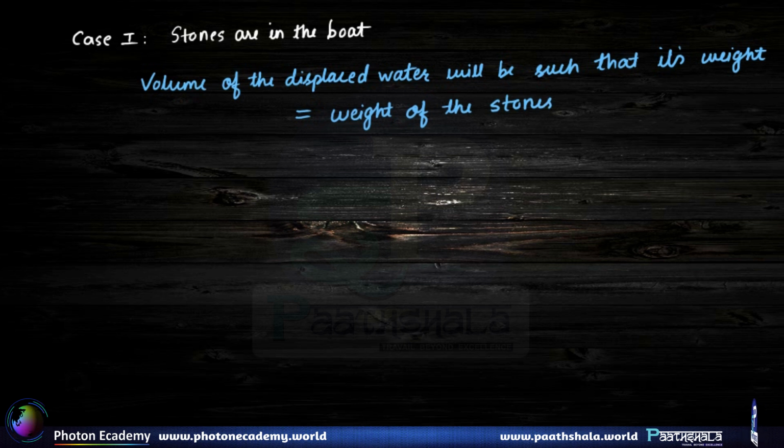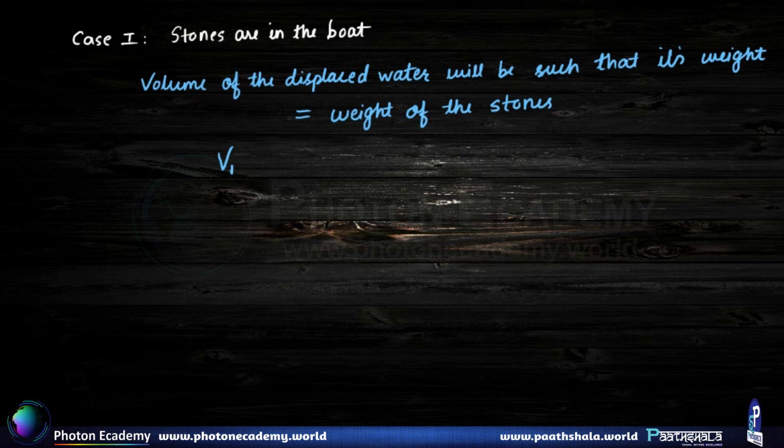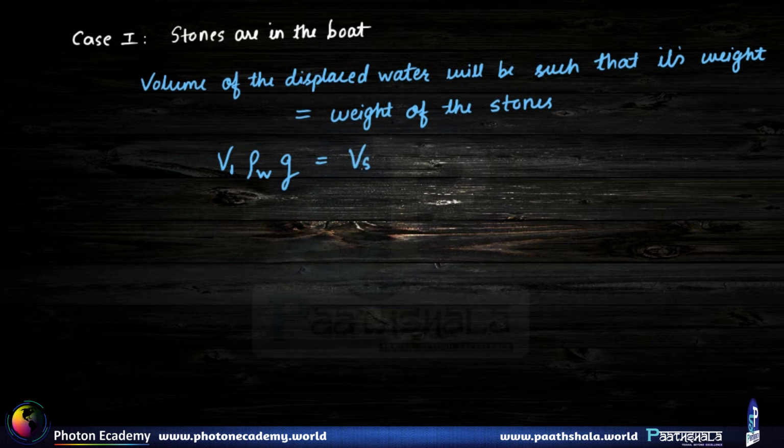So let's try to find out that volume. If we just write a simple equation, then we'll get the volume of water displaced in case 1. So I am writing that as V1 into density of water into g. Because of the stones, this much volume V1 is going to be displaced, and that is equal to the weight of the stones. So that is the volume of the stones, the net volume of the three stones combined all together, into density of the stones into g.